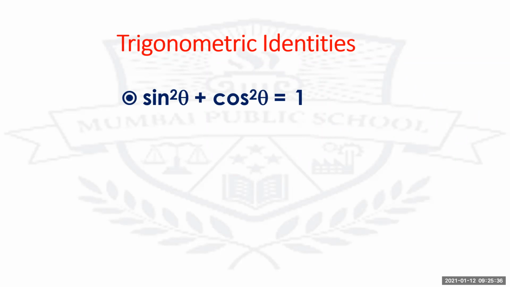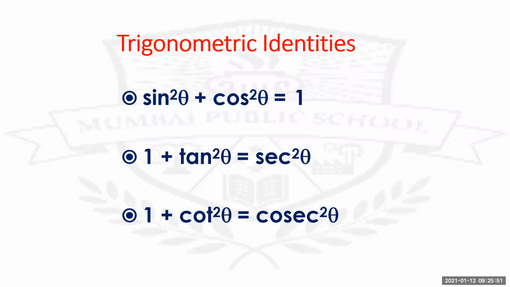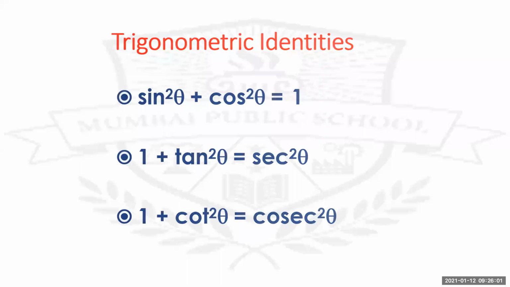The first identity is sine square theta plus cos square theta equals 1. The next identity is 1 plus tan square theta equals sec square theta. And 1 plus cot square theta equals cosec square theta. We'll go through the proof of these trigonometric identities, and how they are derived.